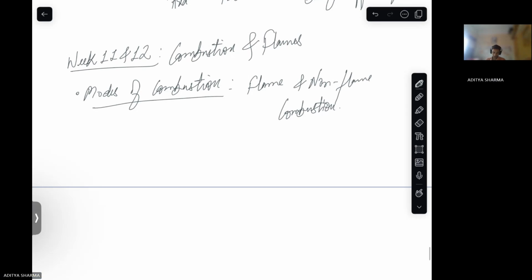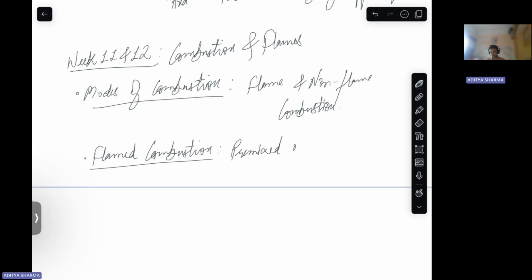Then in flamed combustion, there are two types or two modes: one is premixed and one is non-premixed. Non-premixed is also known as diffusion.